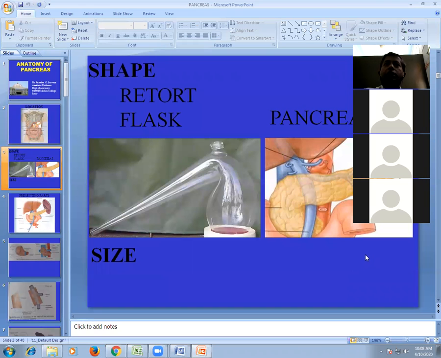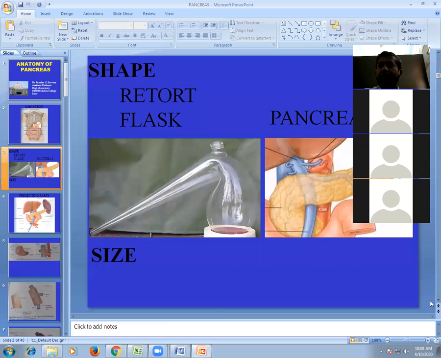Now coming to the shape of the pancreas. It is like the flask which is there in the chemical lab. So the shape of the pancreas is like a retort flask, right? You can see this is the pancreas, shaped like a retort flask.